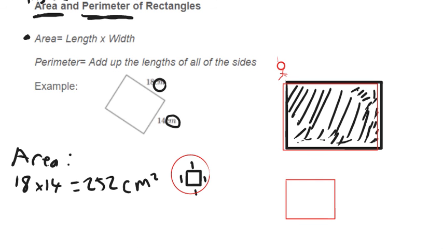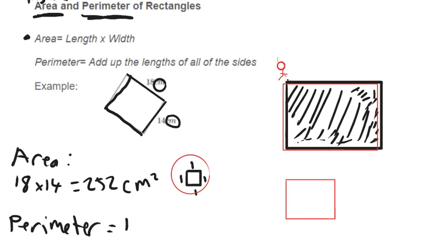Perimeter then. Perimeter is going to be the distance all the way around. So think about it, if I was to travel across the top of the rectangle, from there to there, I would go 18 centimeters. Then if I was to go down to the next corner, that's another 14, and then that's another 18, and then that's another 14 again.